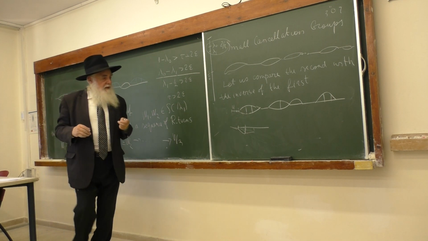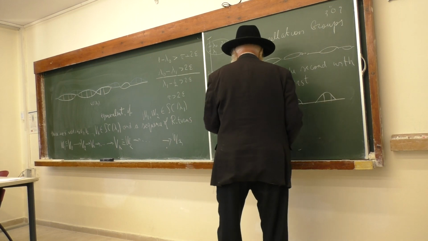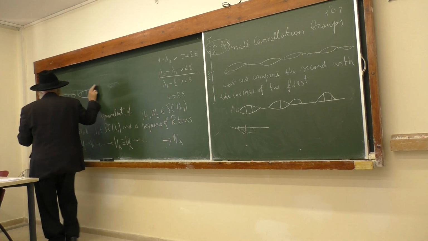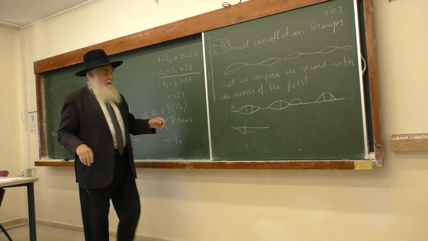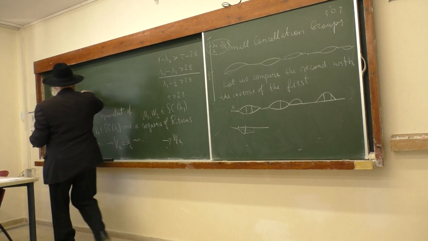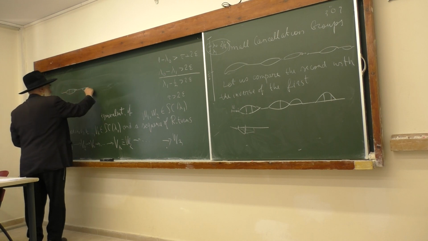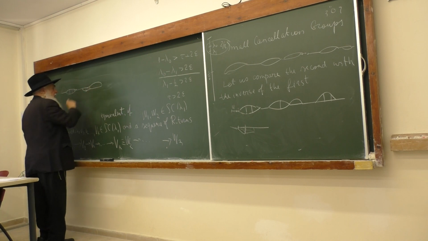Now, what might happen for the cells? The last time we had an identical cell, this was the last identical cell.